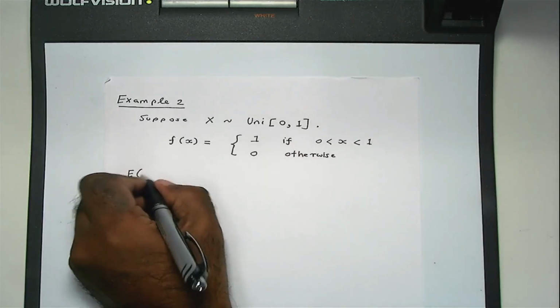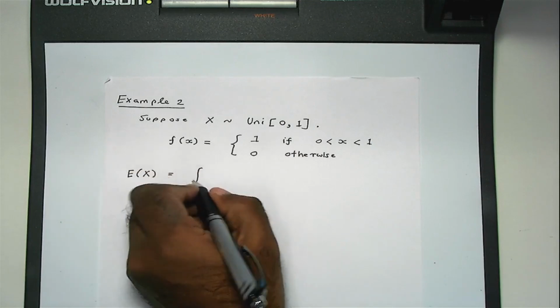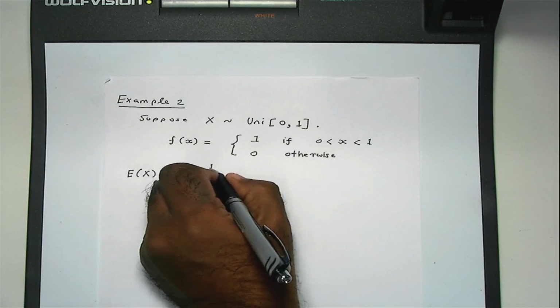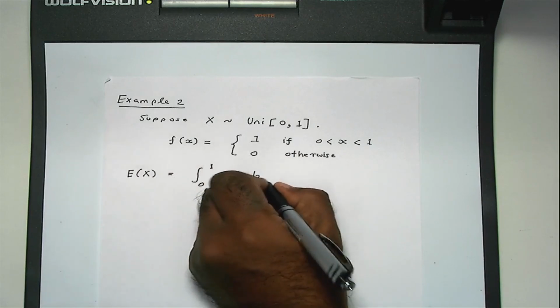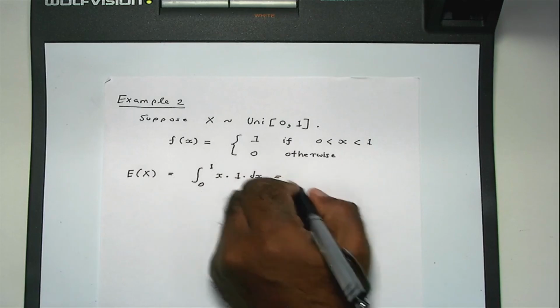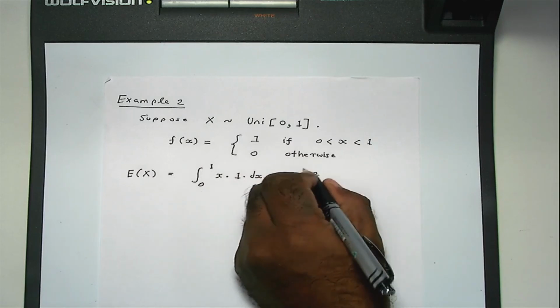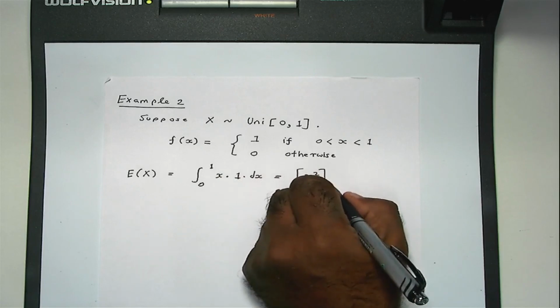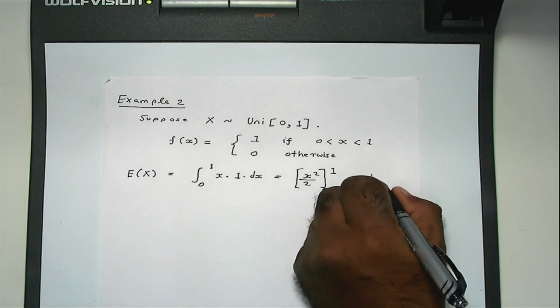So that will be the integral from 0 to 1 of x times 1 dx, which is this, and this is equal to half, right?